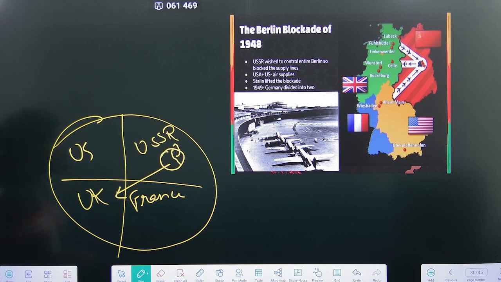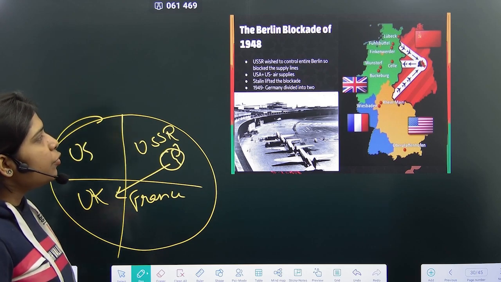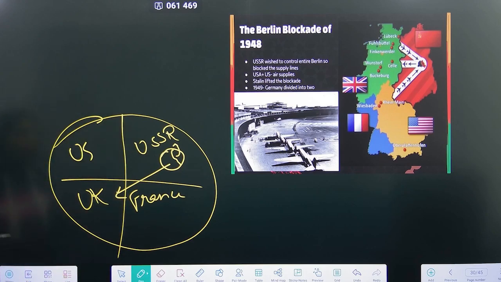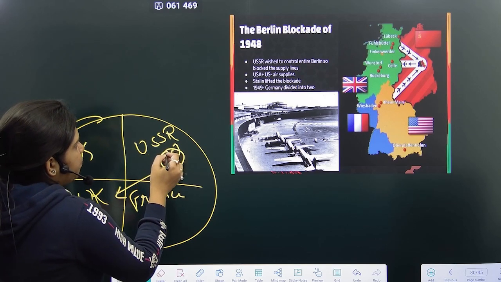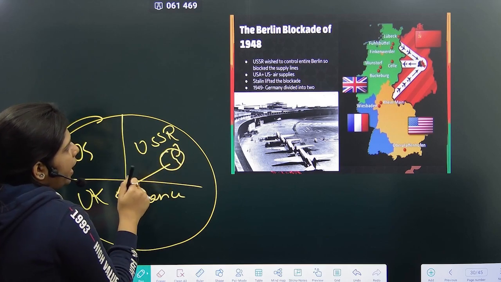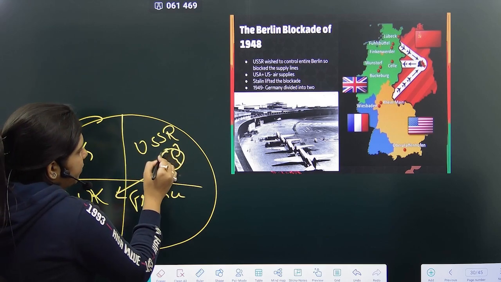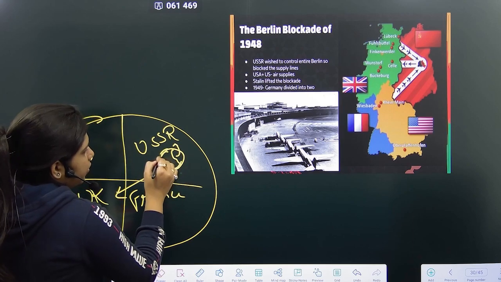Now the situation was that Stalin was so upset with all that was happening, the formation of Deutschmark, or formation of Bizonia, and he tried to put the blockade as a result of his frustration. He also wanted to control the entire capital, so he blocked the supply lines of West Berlin.